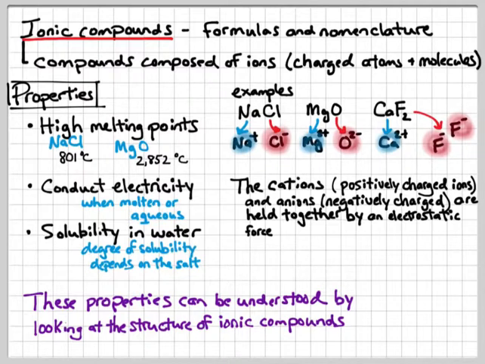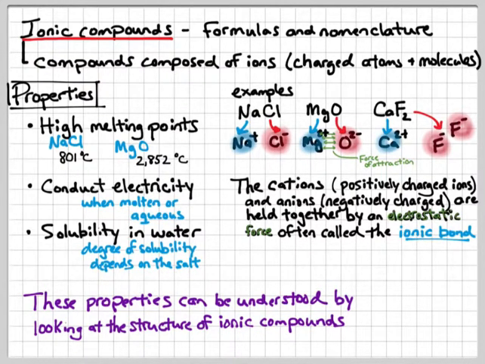And in the structure, these opposite charges attract, and so the electrostatic force holds together, for instance, in magnesium oxide, the magnesium 2+ and the O2-. And this force of attraction in these ionic compounds, since they're ionic compounds, is called an ionic bond.